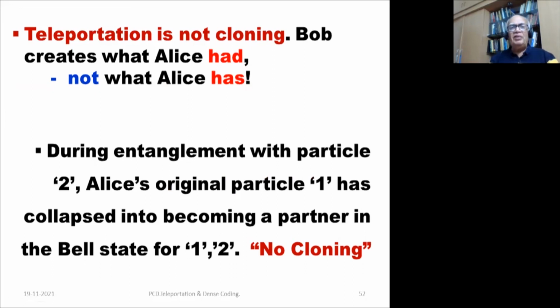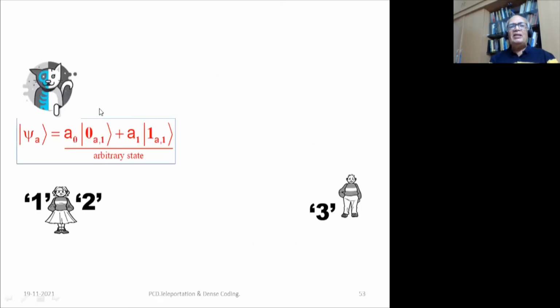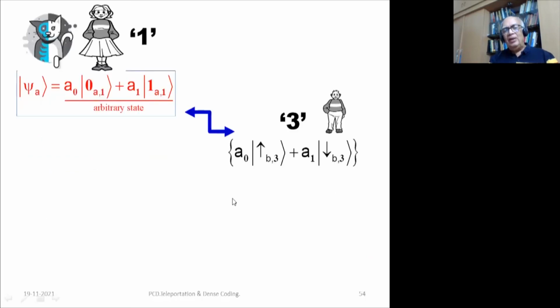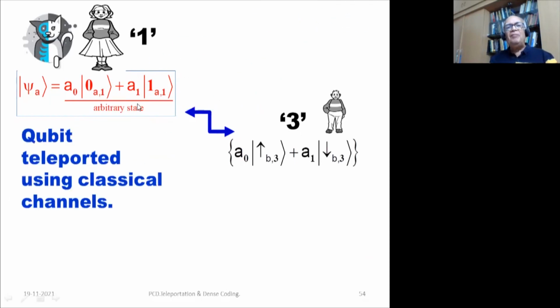So there is no difficulty with that. But entanglement has been used because Alice is able to do something to qubit 2, which impacts qubit 3 through entanglement. So teleportation has been achieved, but after some ancillary operations, some extra operations.